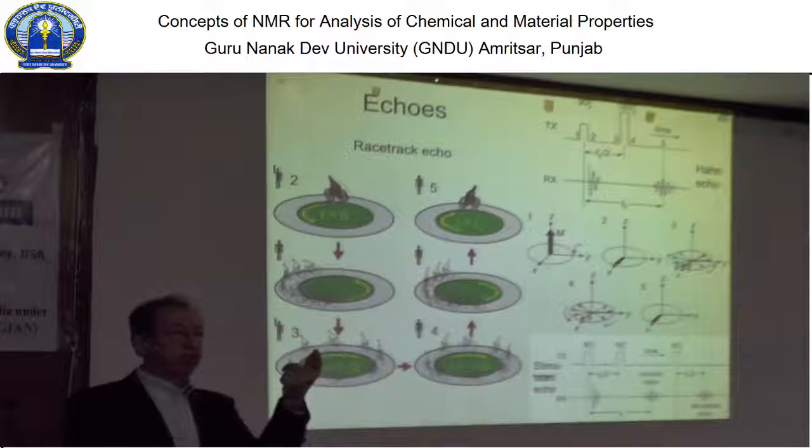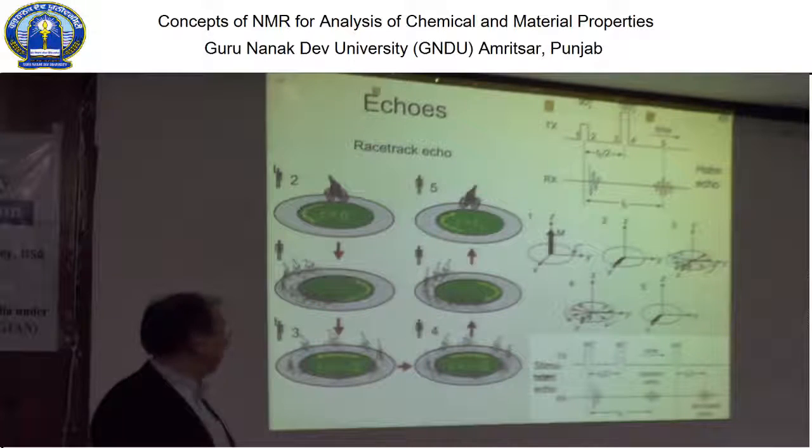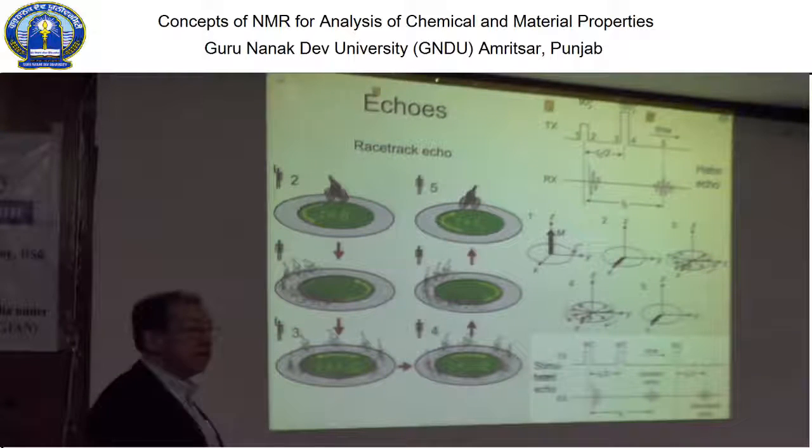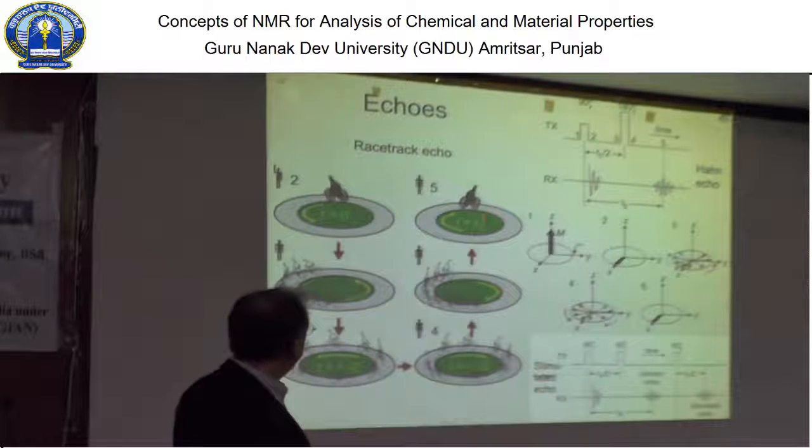They all change their direction. They still go with the same speed. What happens? The fast guys are now the ones behind, and the slow guys are the ones in front. And so if they go with the same speed, they all come back at the same time, which we call the echo time, at the starting line, but pointing in the different direction. This is what we call an echo.